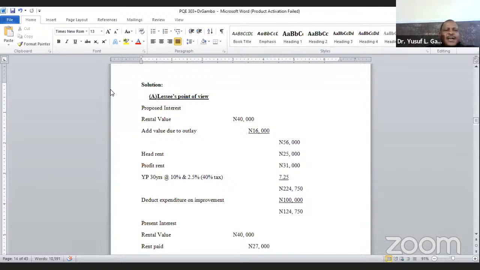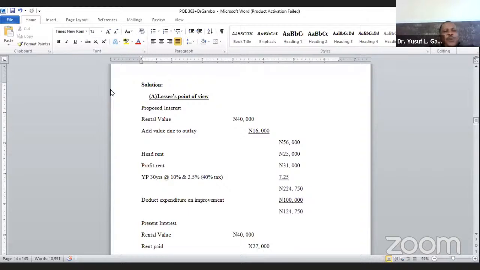Now you get your profit rent of the proposed interest, hypothetically, when the 100,000 is invested in the property and the rent has gone up by 16,000 naira, and you have the FRV hypothetically at 56,000 naira. Now the profit rent is 31,000 naira.